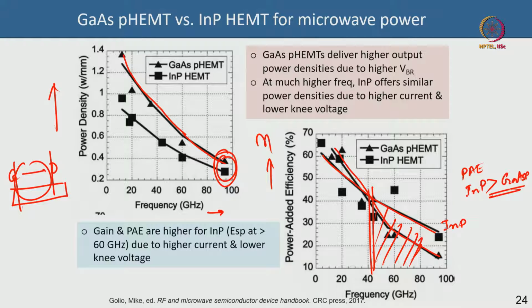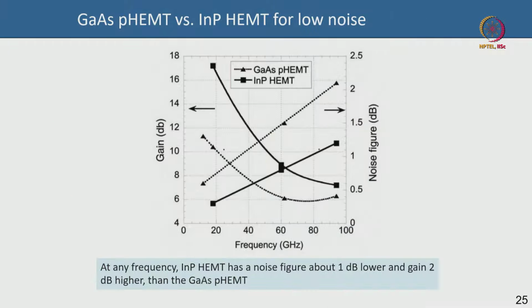So, for all millimeter wave applications, especially 60 gigahertz and above, for low noise application, indium phosphide is preferred over gallium arsenide pseudomorphic HEMT. For lower frequency, maybe 10-20 gigahertz, it does not matter so much, but at higher frequency it does matter, okay, even for power amplifier, not talking about low noise amplifier here. If I talk about low noise amplifier, then indium phosphide is winner hands down, okay.